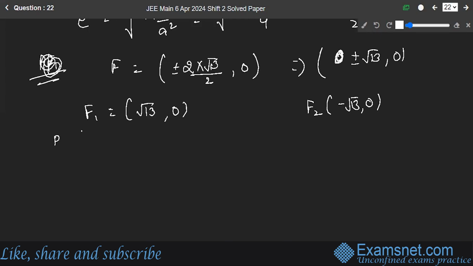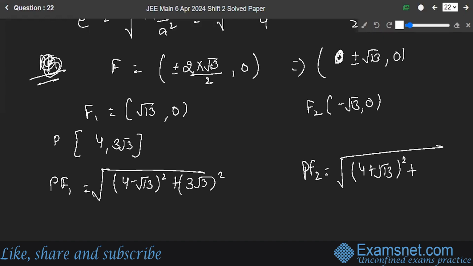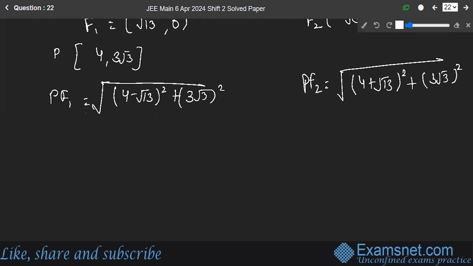So the point P which we solved was this one. PF1 is equal to this is root of 4 minus root of 13 squared, 3 root 3 squared, and PF2, this is equal to 4 plus this plus this one. Okay, so let's open it up.